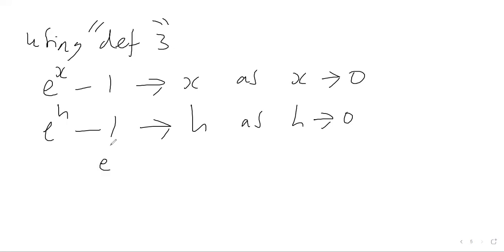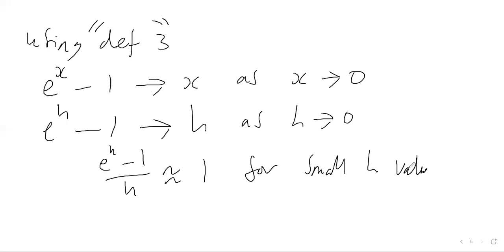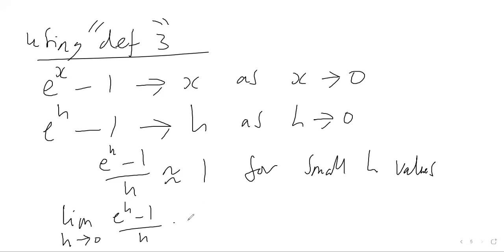So this is saying that e to the h minus 1 over h is approximately the number 1 for small h values. So if that's the case, then the limit as h goes to 0 of e to the h minus 1 over h equals 1.